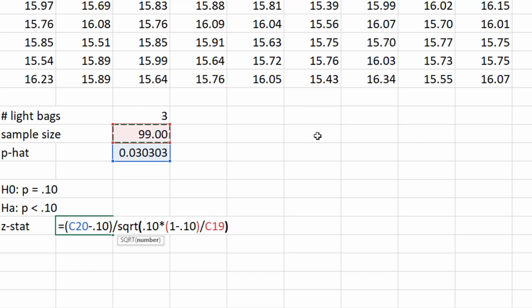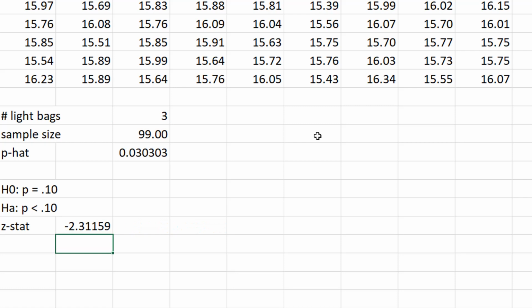Remember, I divide by the square root of the null p times 1 minus the null p over the sample size. That whole thing is square rooted, and that whole thing is in the denominator. Okay, my z-stat is pretty low.